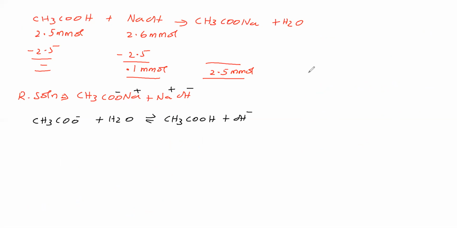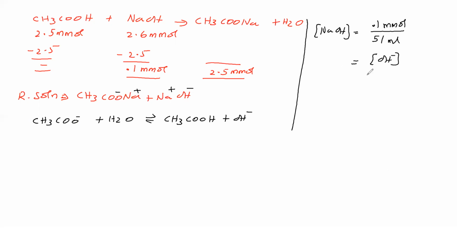Sodium hydroxide concentration is equal to sodium hydroxide millimoles divided by the volume of the resultant solution, 51 ml. So it is 0.1 millimole by 51 ml. This is the concentration of hydroxide from sodium hydroxide.